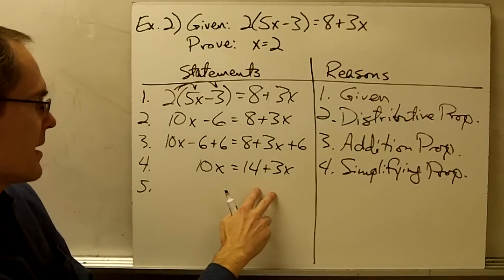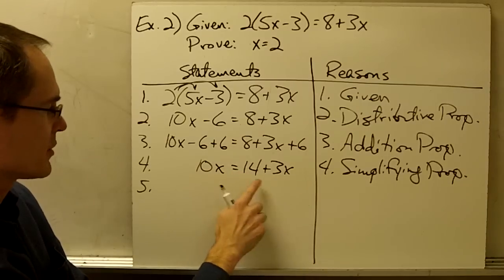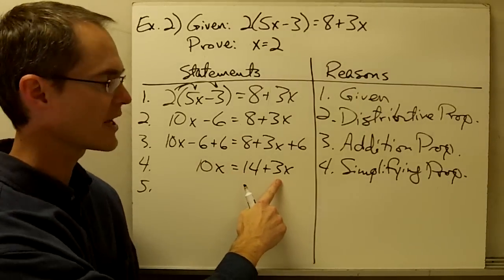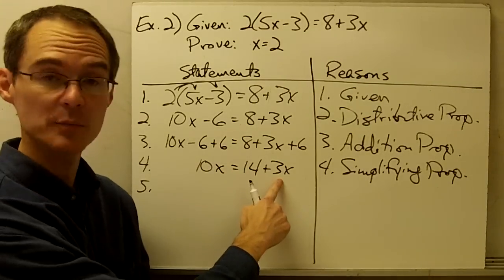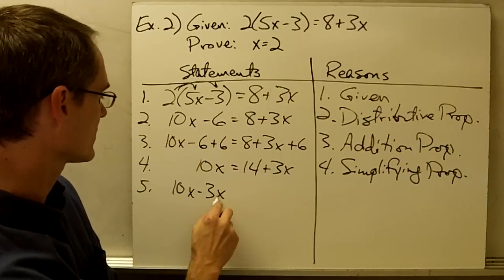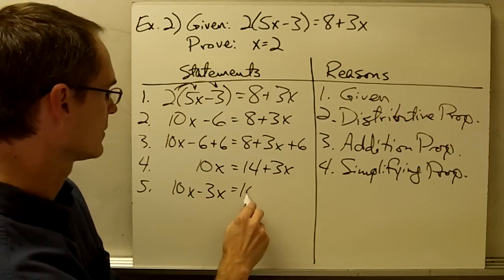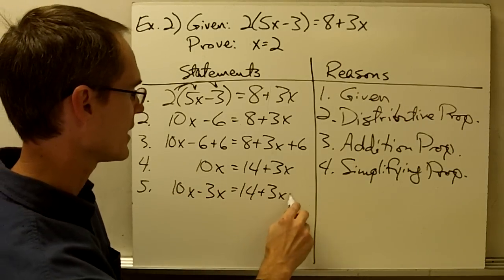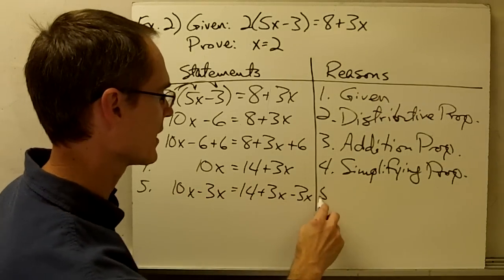And let's see, my next step, I would like to get all my x's together, which means I want to subtract 3x from both sides of my equation. So 10x minus 3x, I subtract 3x on this side, 14 plus 3x, and I subtract 3x on this side.